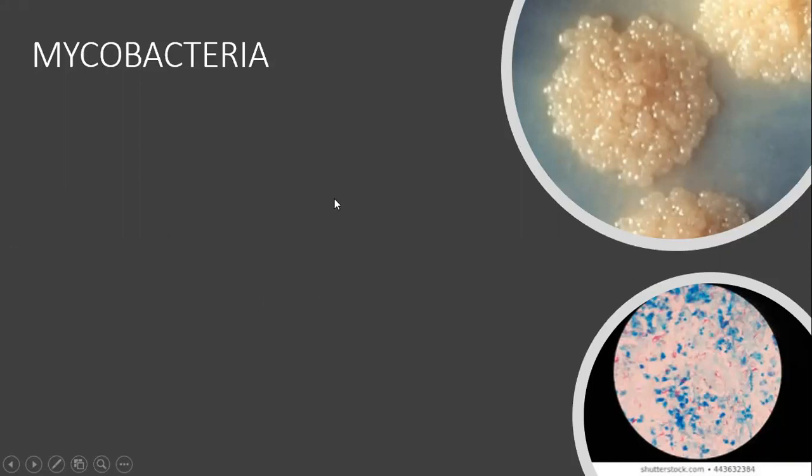So we'll first discuss Mycobacteria, a well-known group because of the disease it causes, and you have heard about Mycobacterium. They are basically aerobic non-endospore forming rods.